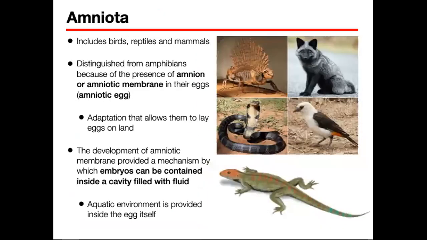And then you also have your amniotes. Amniotes would include your birds, your reptiles, and your mammals. So what really sets them apart from other vertebrates would be the presence of this amniotic membrane in their eggs, or our amniotic egg, which allowed these organisms to lay eggs on land.